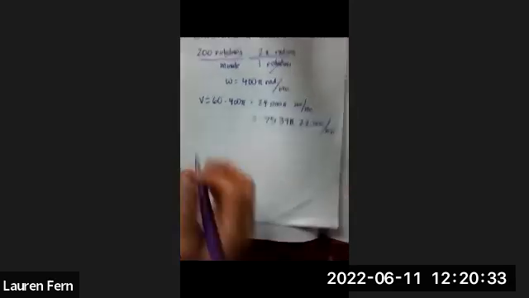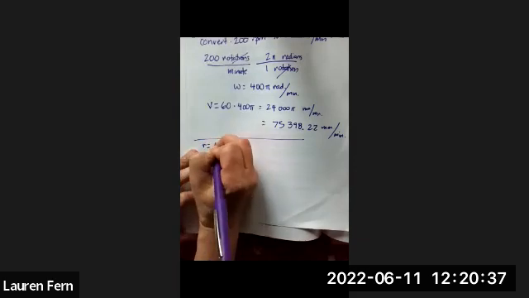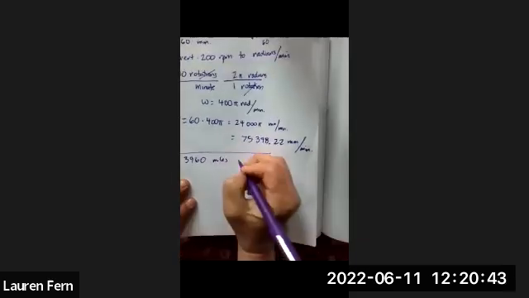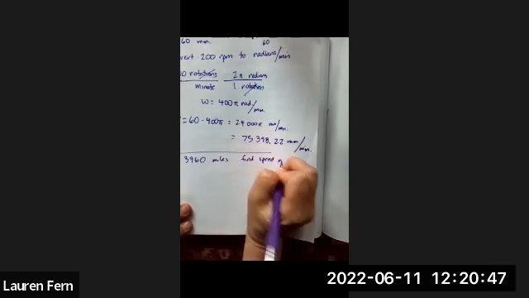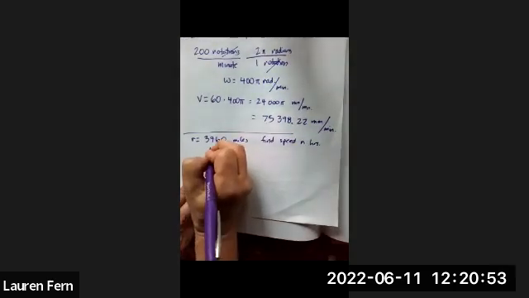Okay, so for this one, we have r is 3,960 miles. And we want to find our speed in hours.